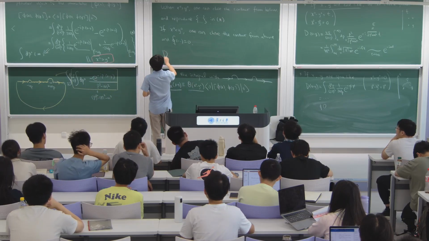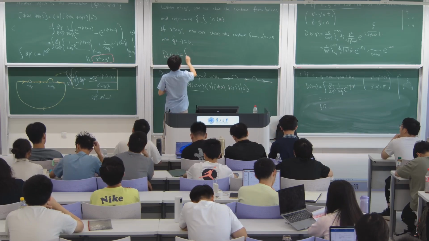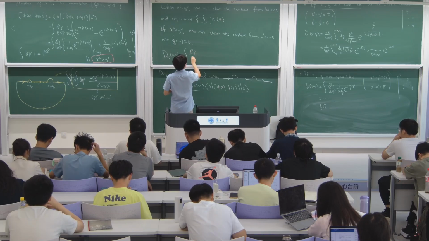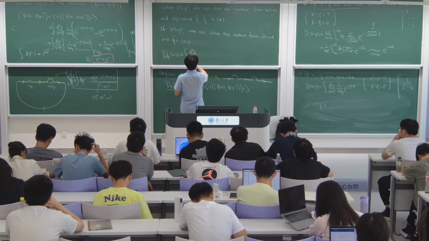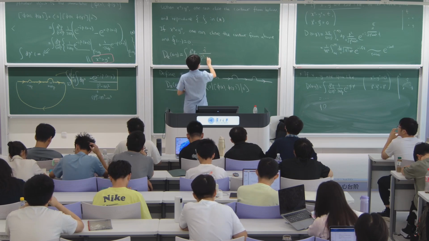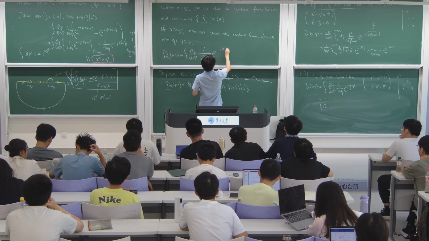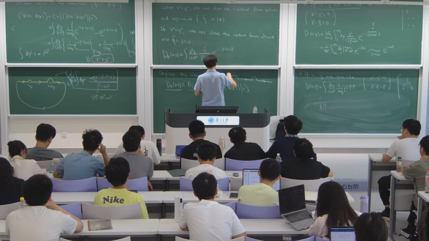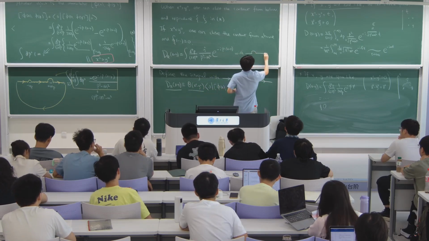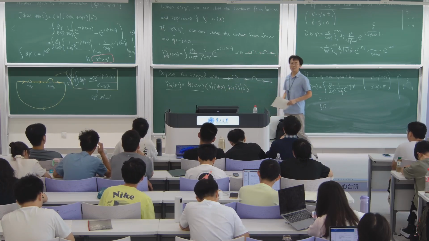This D_R(x minus y) has a very simple form. It's just a 4-dimensional p integral, 1 over (2 pi) to the 4th, i over p squared minus m squared, e to the minus i p dot (x minus y), with that kind of contour. Okay, that's it.